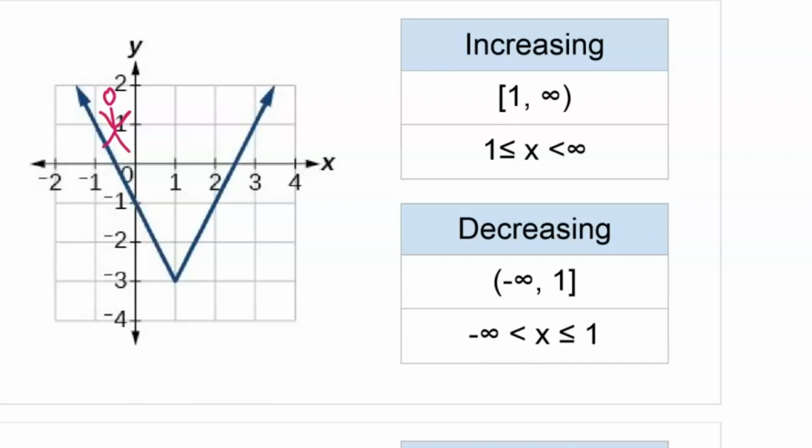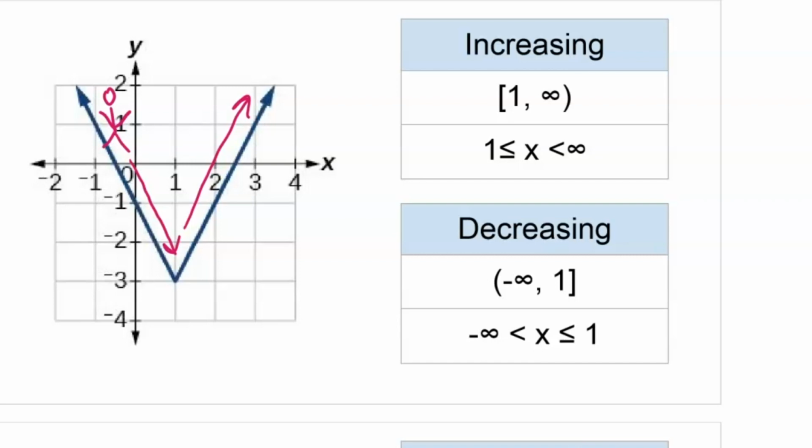So he's going to be walking down here, and then when he hits that point down there, then he's going to start walking up. So think about where the little man is walking downhill and where he's walking uphill. So when he's walking downhill, that's where the graph is decreasing. And when he's walking uphill, that's where the graph is increasing.